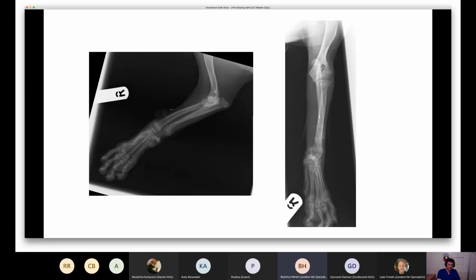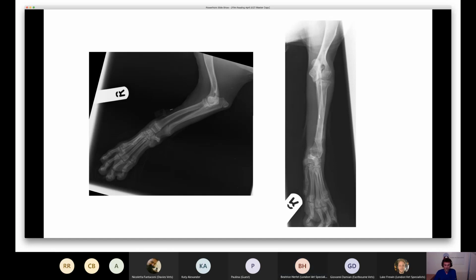And the next step would be to do a CT to see in a three-dimensional view if you can see the lesion or have more information. Okay, I think that's all pretty reasonable.